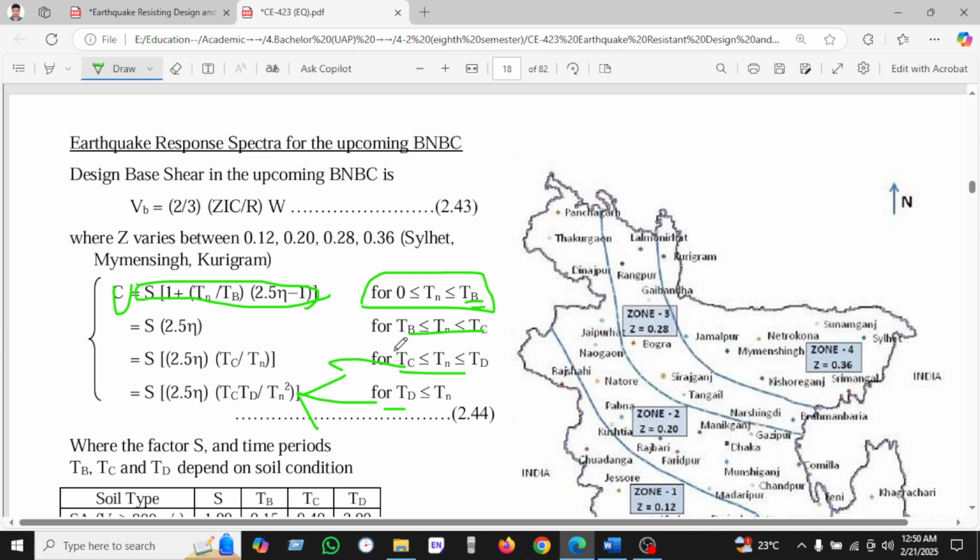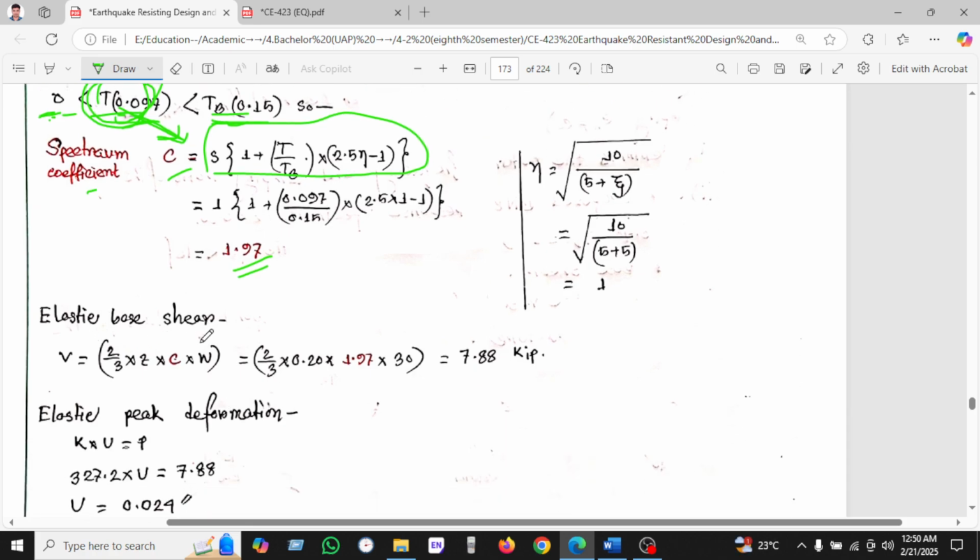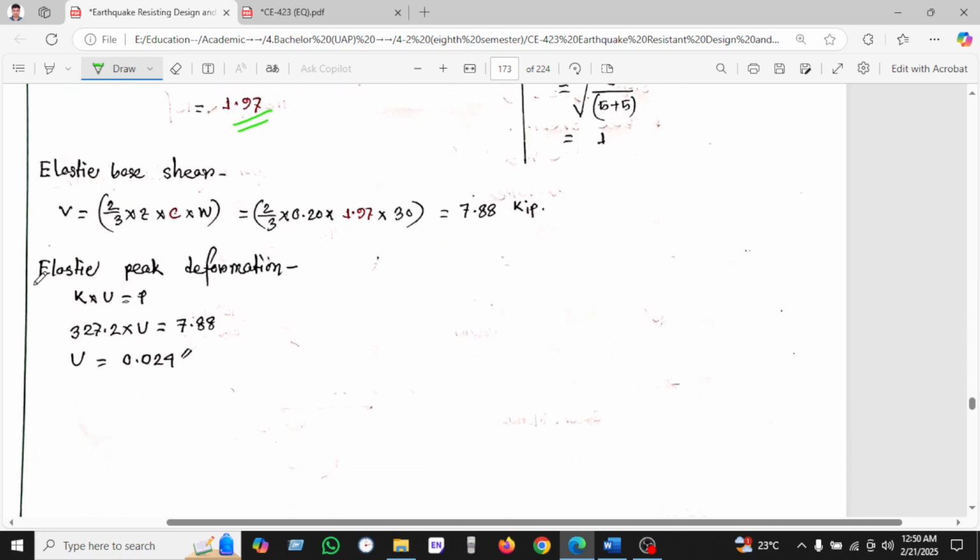If we see that Tn is greater than Tb but less than Tc, then we can use this formula. In this way we selected this formula and found 1.97. So the elastic base shear will be Z I C into W, which is 7.88.